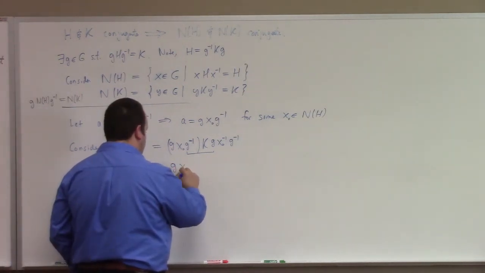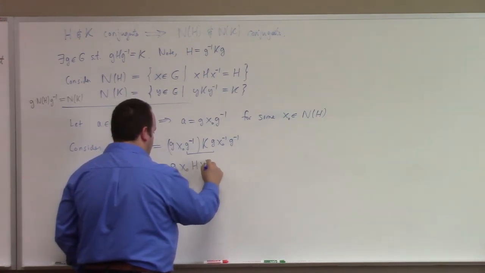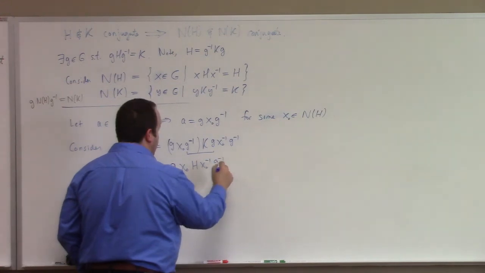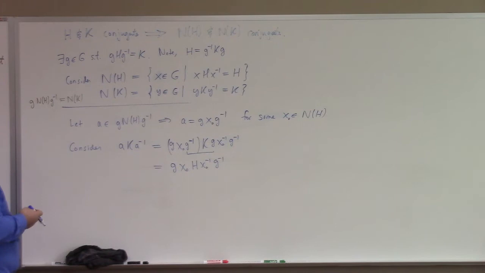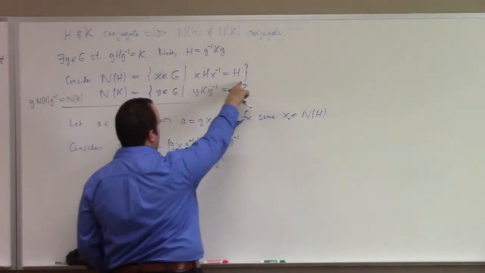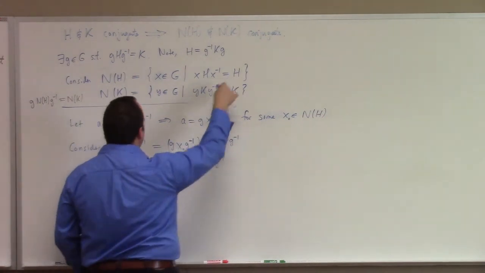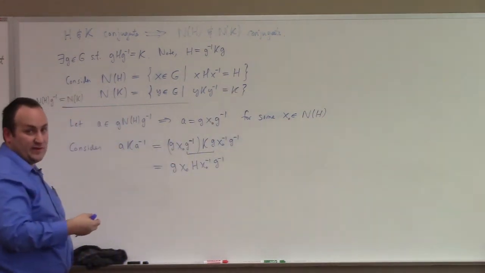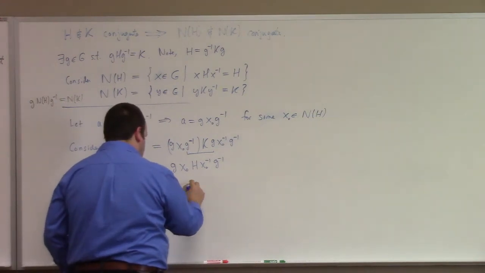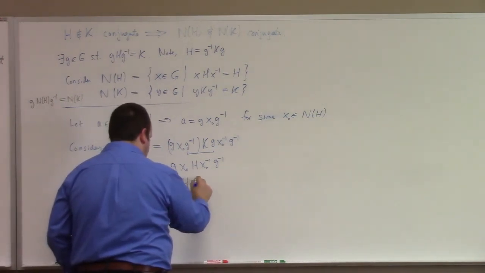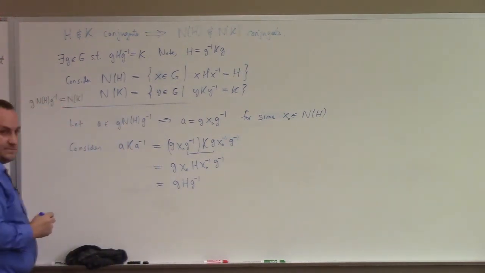I think if we remember the definition of normalizer, what does it mean? x naught is in the normalizer of H. That means that x naught H x naught inverse is equal to H again, because x naught is in the normalizer of H. So this is equal to G H G inverse, which, by the way, is K.